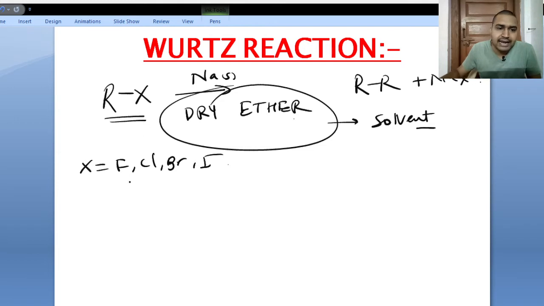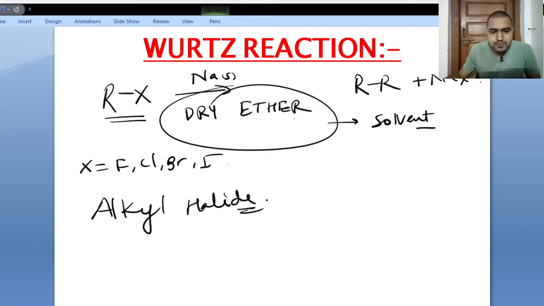This whole RX is known as an alkyl halide. So the reaction of an alkyl halide in presence of sodium and dry ether is known as the Wurtz reaction. It's a very simple definition.